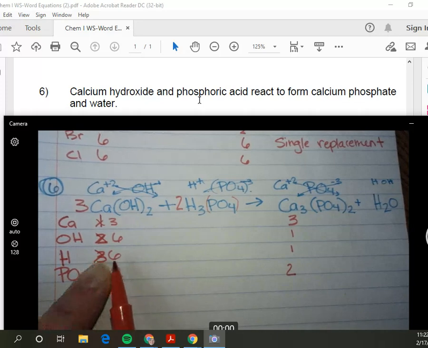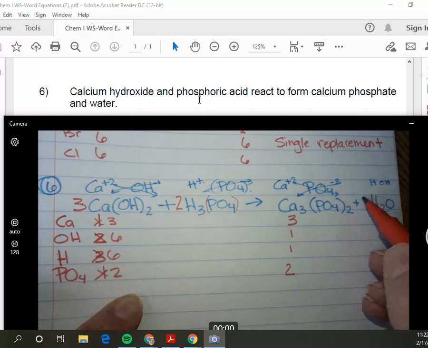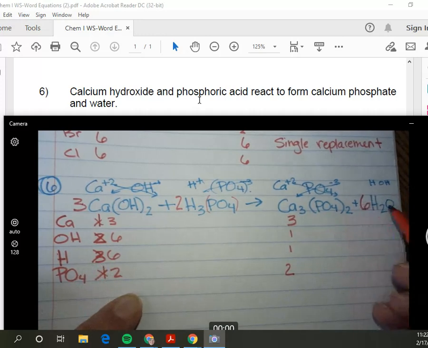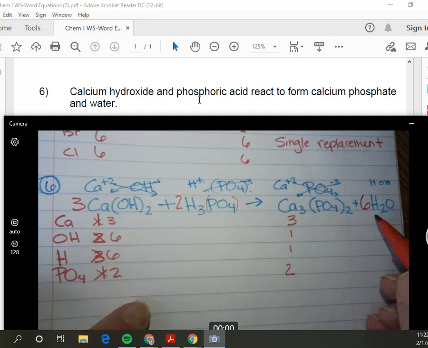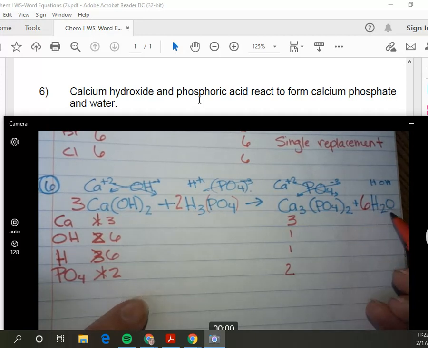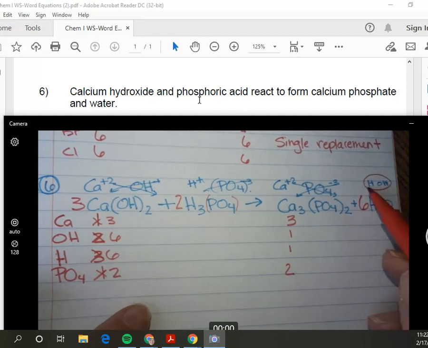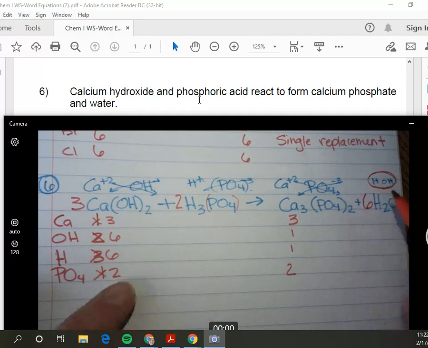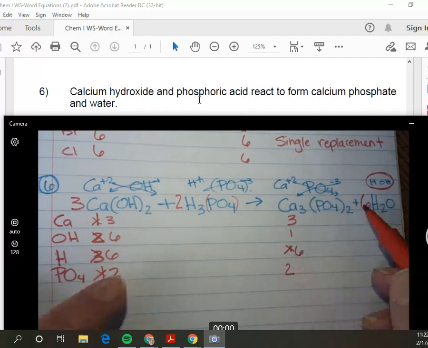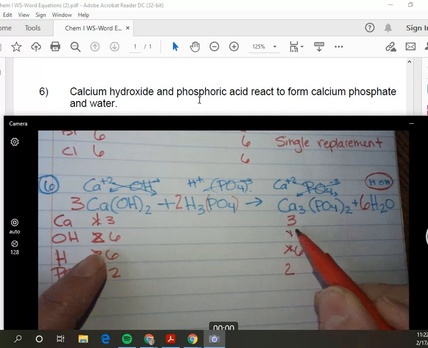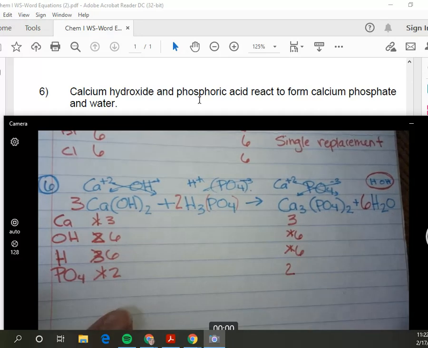If I need to get 6 hydrogens, I need to put 6 here. 6 times 2. Well, and then this is where you want to make sure that you're really clear. Because when you put the 6 there, you want to look at this HOH. 6 times the H is 6. 6 times the OH is 6. And now we have a balanced chemical equation.